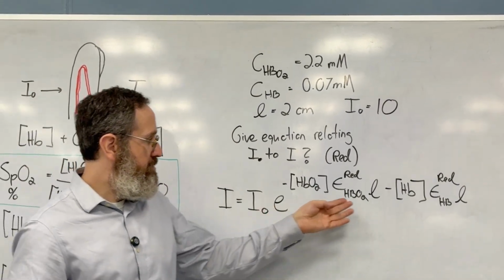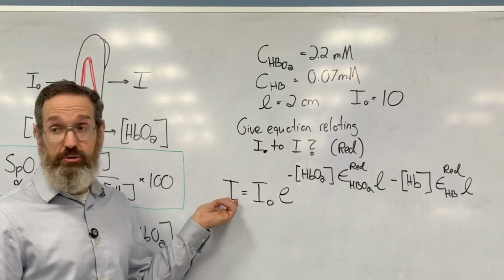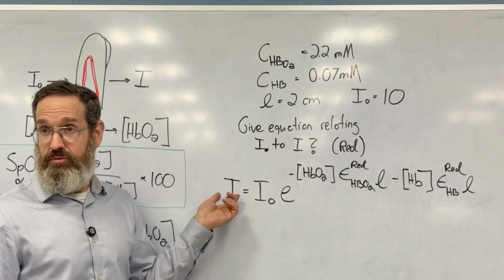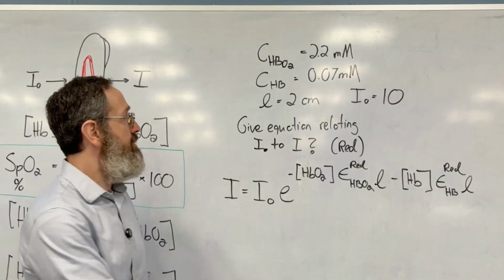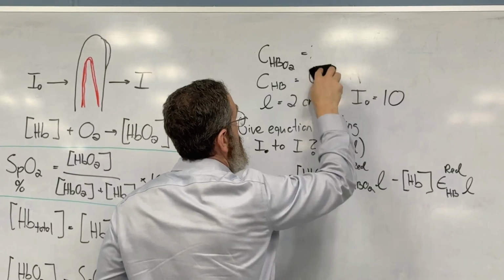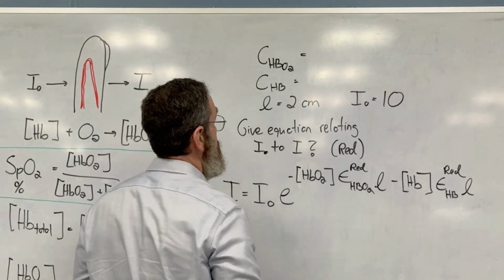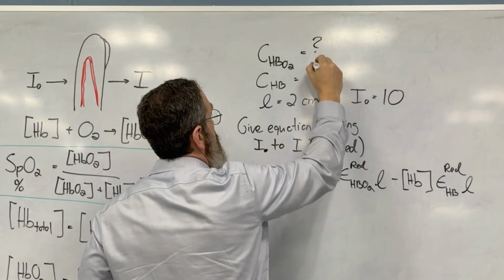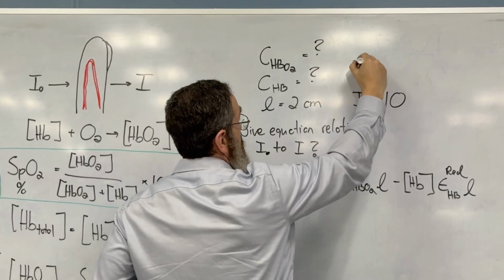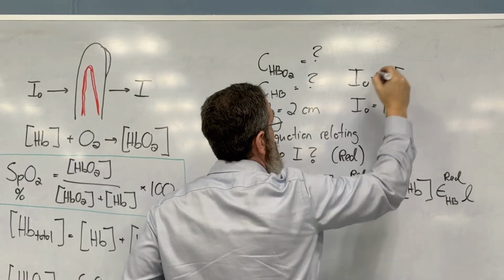if I had given you this problem the other way and said I measured this much light out, right? We talked about this last time. So if I said, well, I'm not going to give you this. Okay, you don't have this. These are unknowns now. But I will tell you that I measured the light out, and it was 1.5.